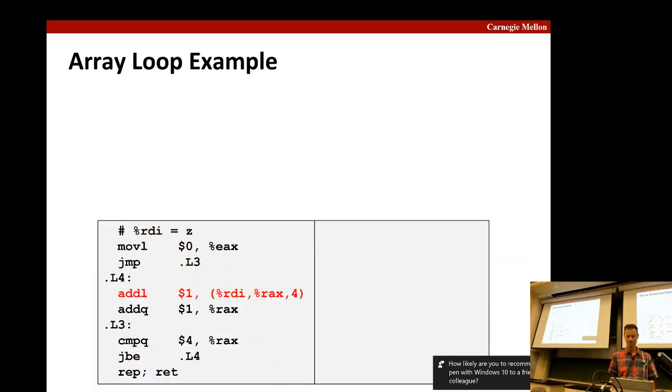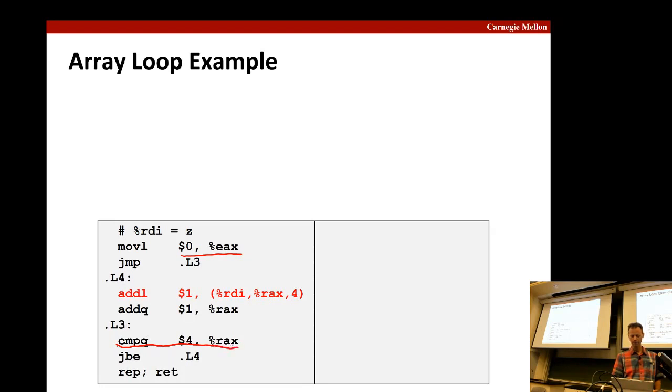Good. Okay, so let's suppose you have this loop. We're going to move 0 into EAX, and then jump here. We're going to compare 4 versus what's there, do this branch, and come back up here and then add 1 to this address calculation.